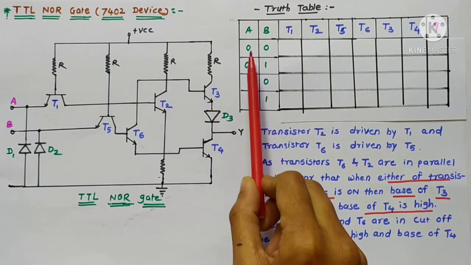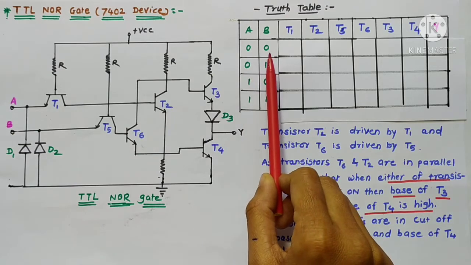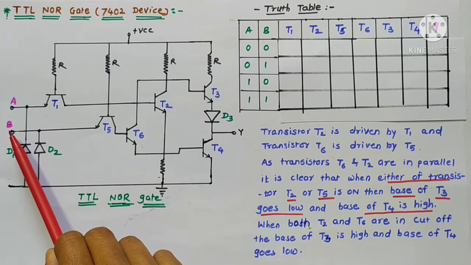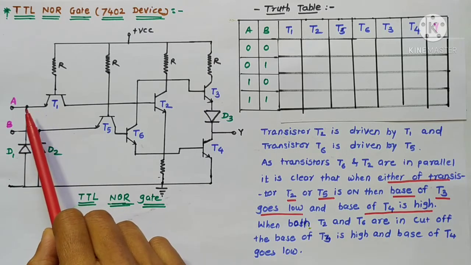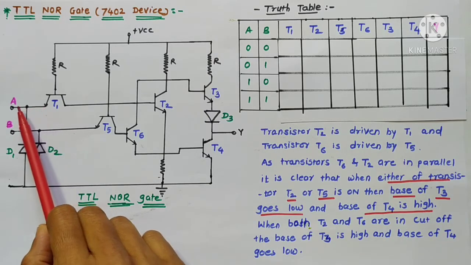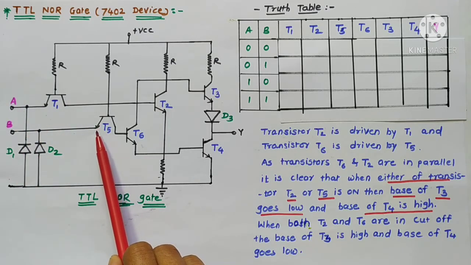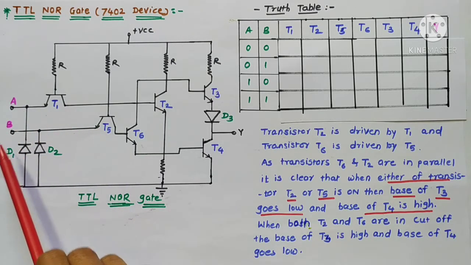When we consider case 1, A is equal to 0, B is equal to 0. A0, B0 means the emitter of transistor T1 is at low. In a similar way, the emitter of transistor T5 is at low.